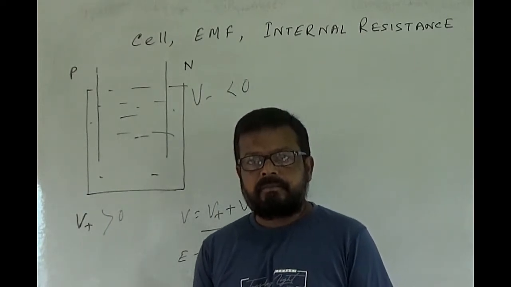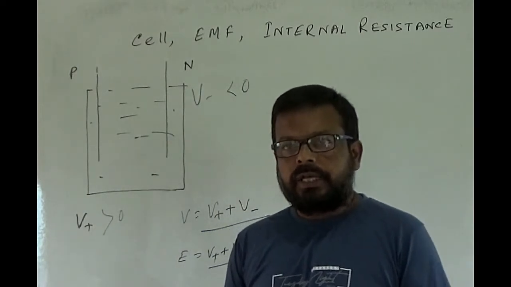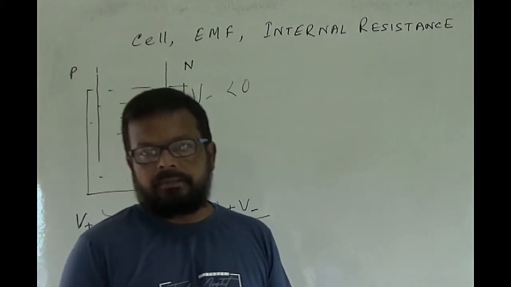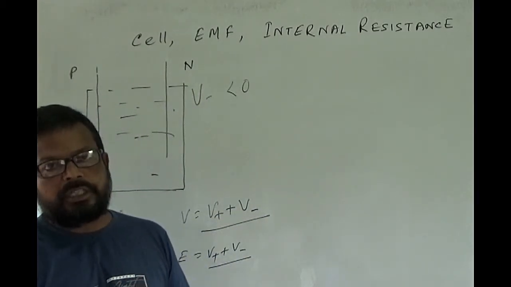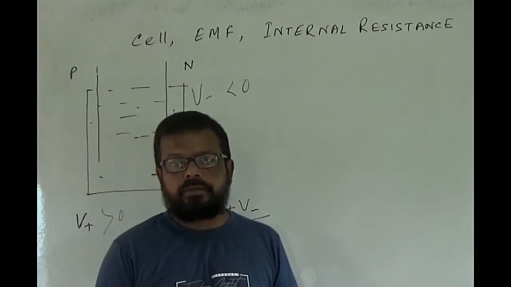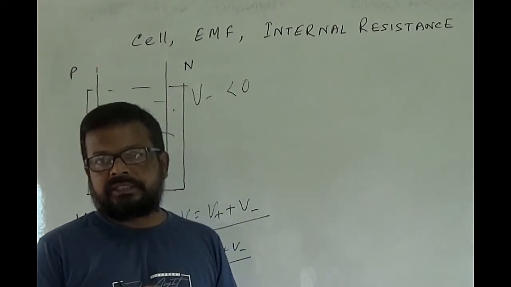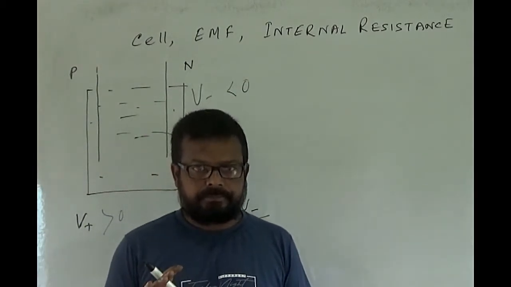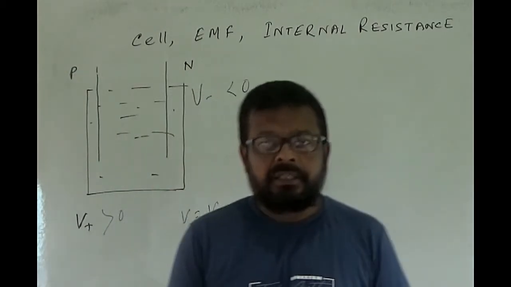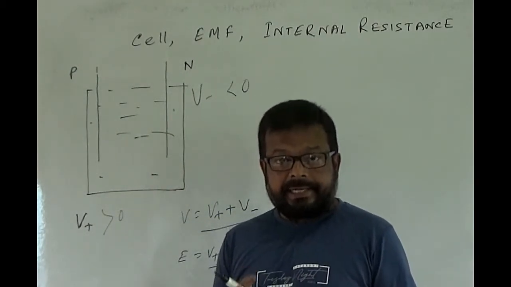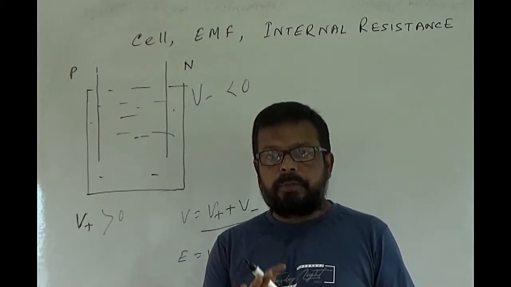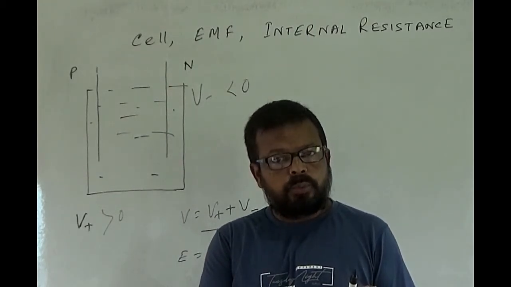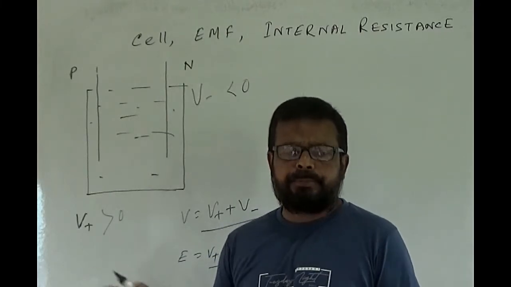Is it clear? Now thus, you can say the EMF of a cell, which is denoted by E, may be defined as the potential difference between the two electrodes or between the two terminals of the cell in an open circuit. EMF is the short form of electromotive force, which is not any type of force.